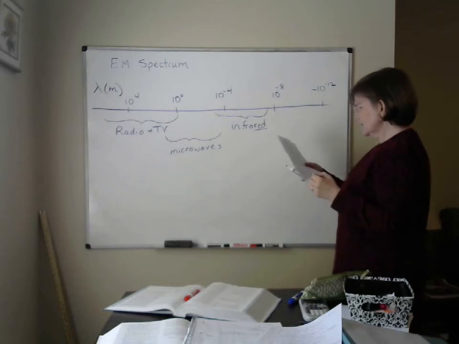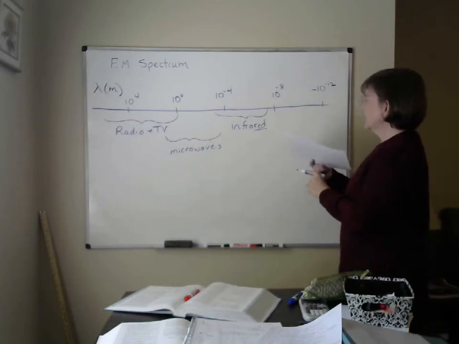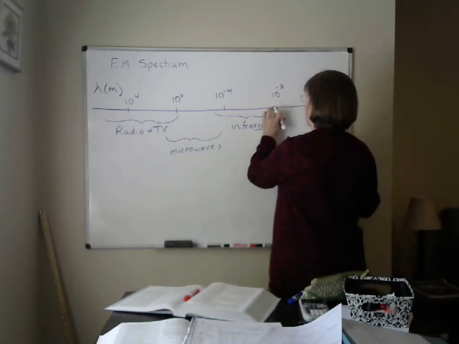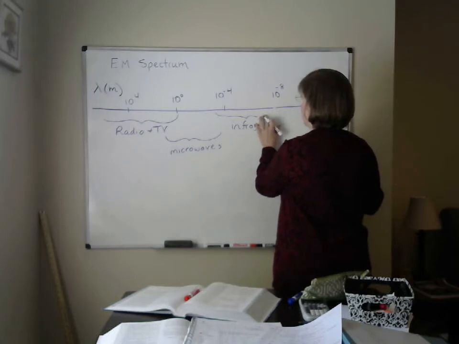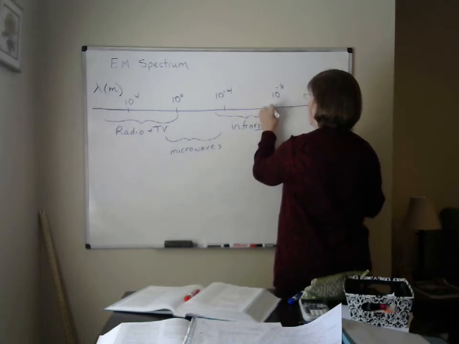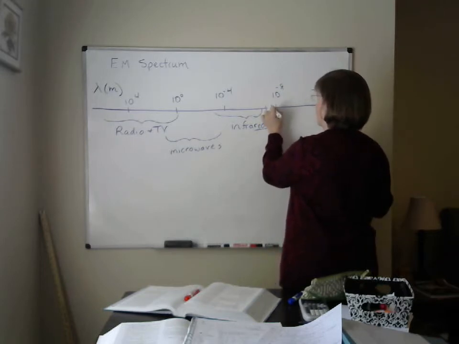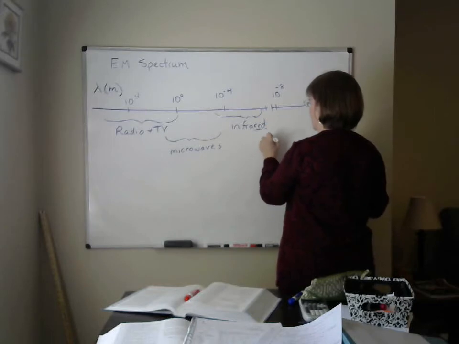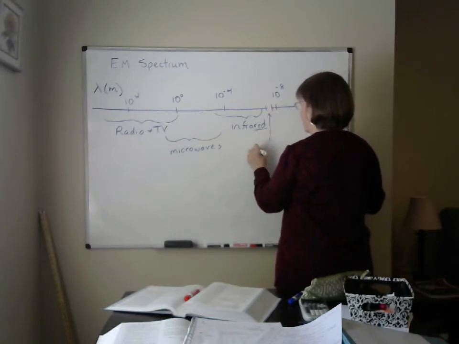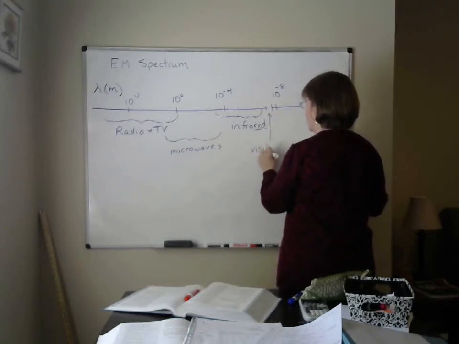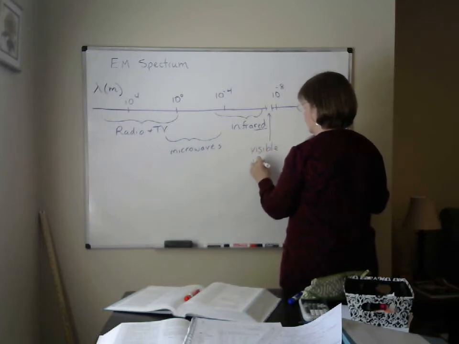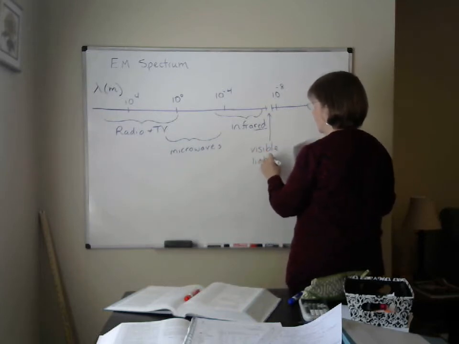The tiniest little part of the electromagnetic spectrum, there's a little place right in here, a little bitty part, tiny in the greater scheme of things: visible light. We'll talk a little bit more about visible light.